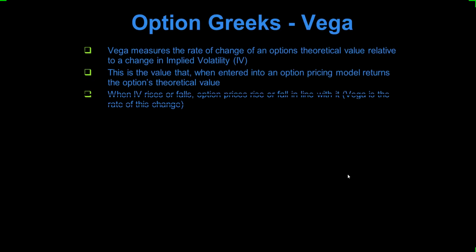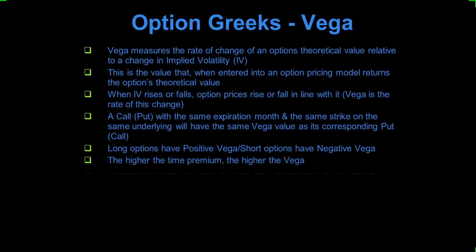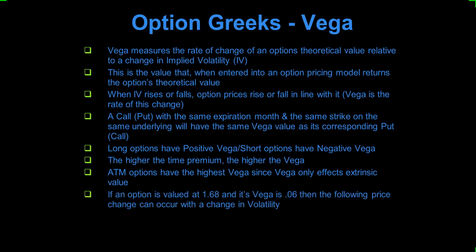And then if we look at this, I'm just going to come down here to a couple of key points that I think are very important. With implied volatility, when IV rises or falls, option prices rise or fall in line with that volatility. Because if a stock is moving a lot, the option price is going to go up. If a stock is moving like that, then the option price is going to go down.